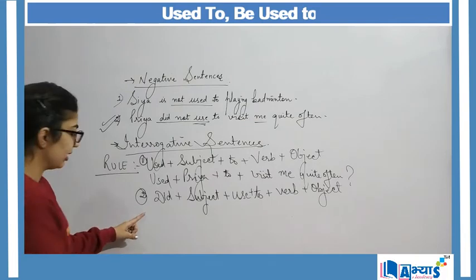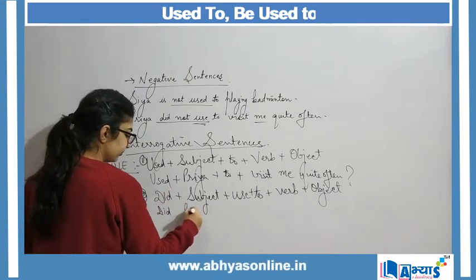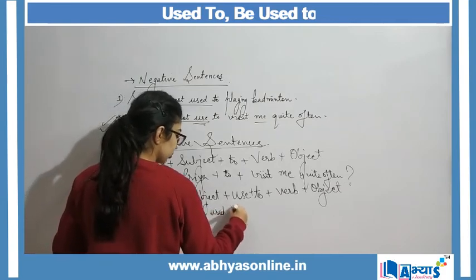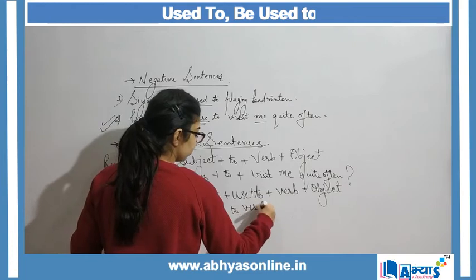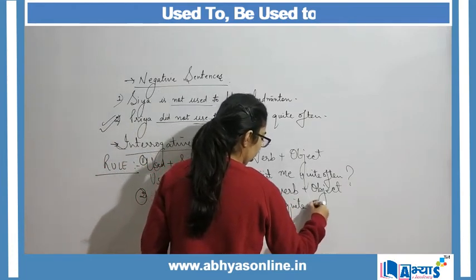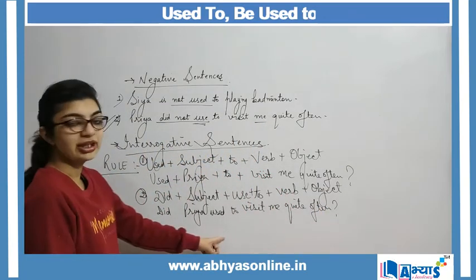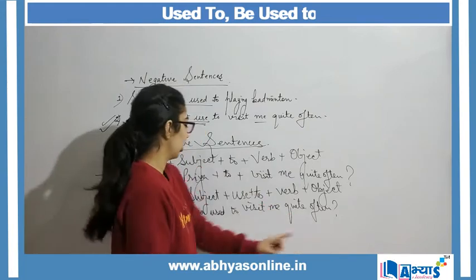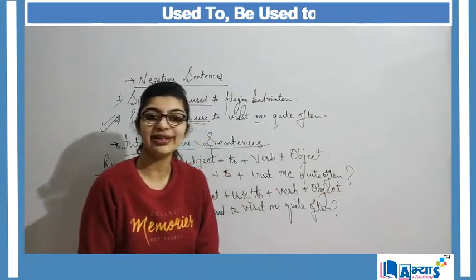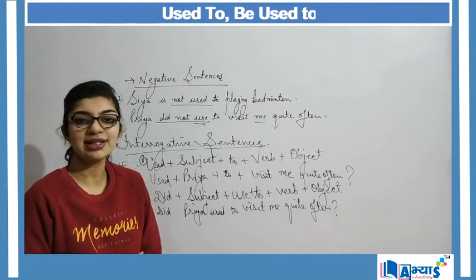So here did will remain did. Priya used to visit me quite often. Did Priya used to visit me quite often? Or used Priya to visit me quite often? Both the sentences have the same meaning, but the formation of the sentence is different.